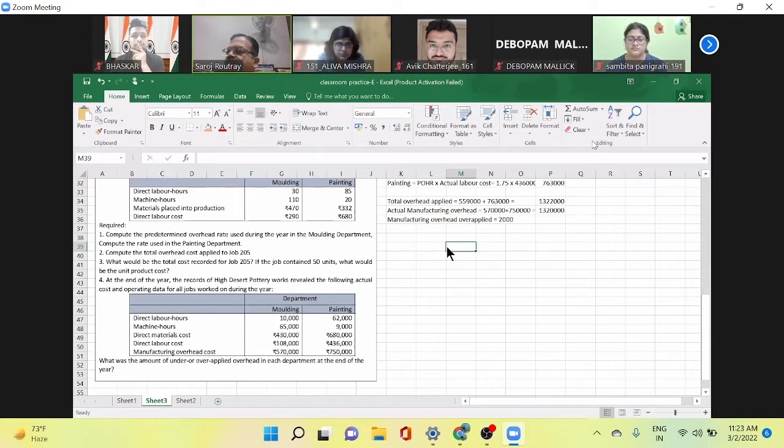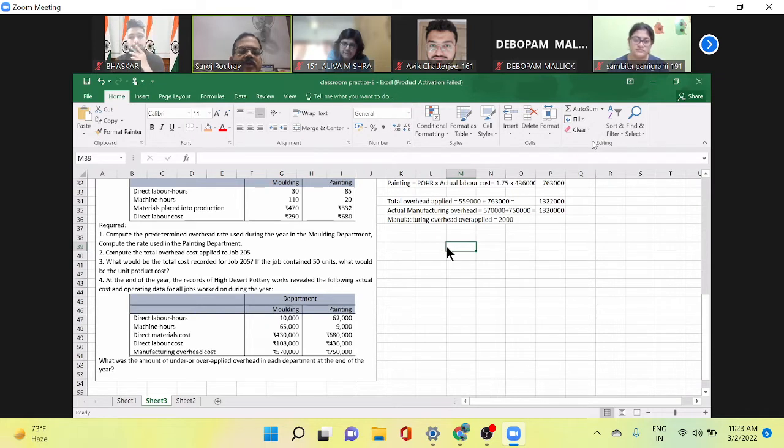And if you are charging less or if you are charging more, accordingly your profit will also come. So if overhead applied is coming more, your profit will decrease. If overhead applied is coming less, your profit will increase.